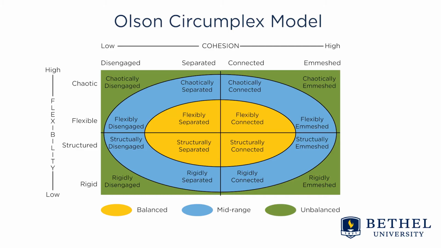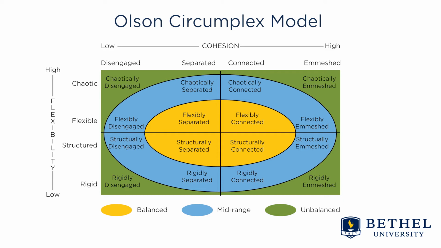The Olson-Circumplex Model is a family systems model supported by over 1,200 studies. It characterizes family interactions with 3 central variables: flexibility, cohesion, and communication skills. When family members have good communication skills and manifest flexibility and cohesion, they're much more likely to function in healthy and helpful ways.